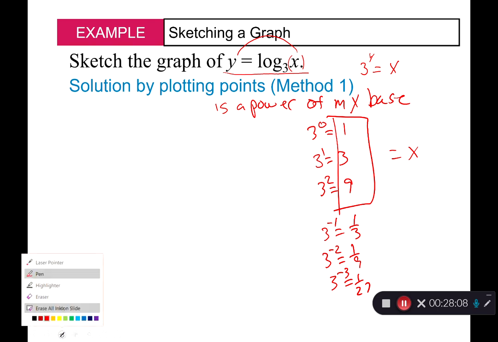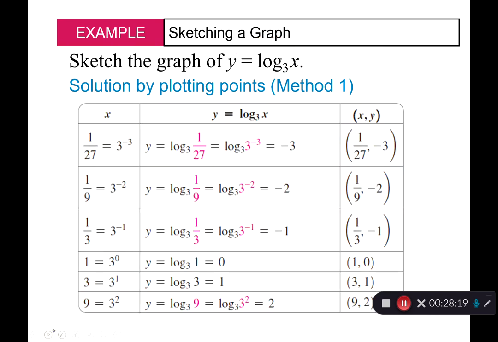So I'm going to erase for just a second. Take a minute, pause the video if you want to write some of this down. Notice I said my first value to plug in for x was 1/27, then 1/9, then 1/3. All I'm doing in my chart is the legwork to get y.